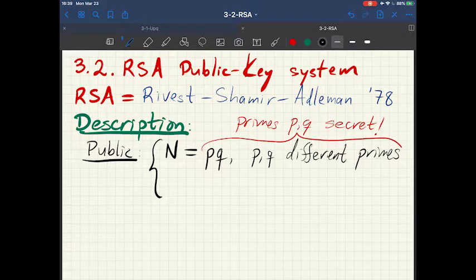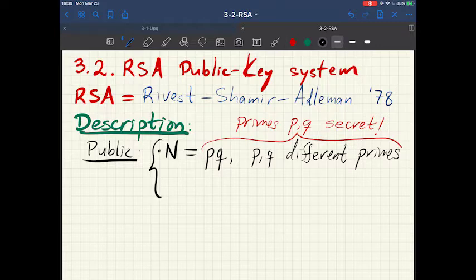So as soon as you can factor n, you can break RSA. The security of RSA depends in a critical fashion on the difficulty or unfeasibility of factoring n, even knowing that it is a product of two distinct primes.